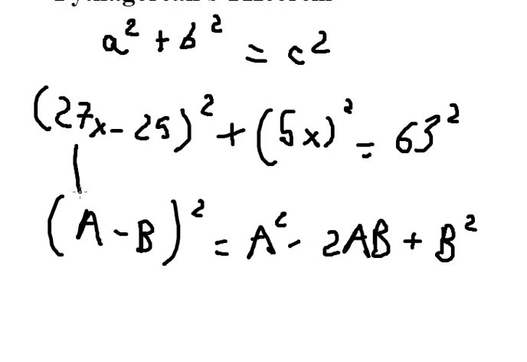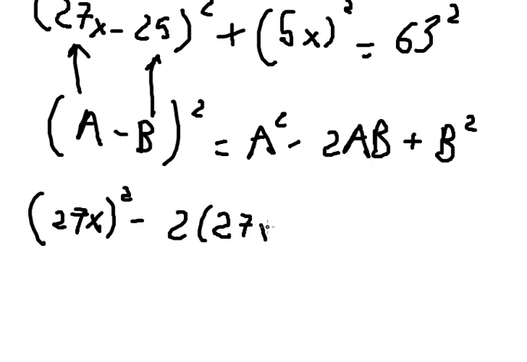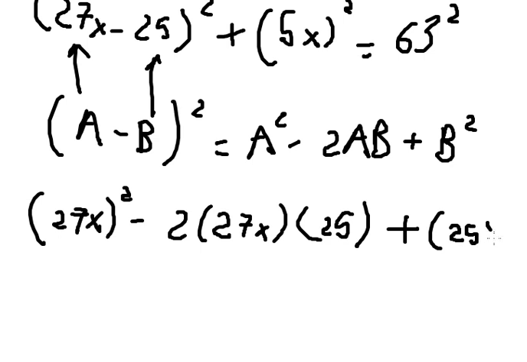So a is 27x, b is the number 5. So this one we put in here.